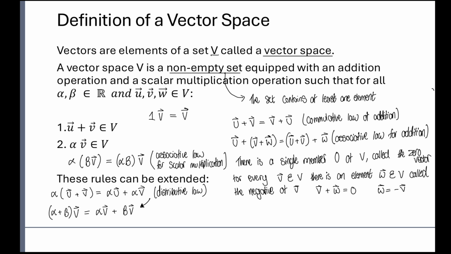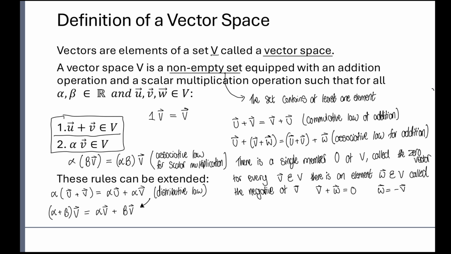So the definition of a vector space is that it must follow that these statements are true. The vector u plus the vector v must still be in the vector space, and alpha multiplied by the vector v should still also be in that vector space. These rules can then be extended to get all of these rules. So all you realistically need to know is these two rules is what defines a vector space.